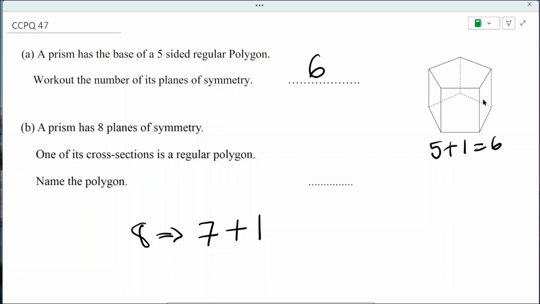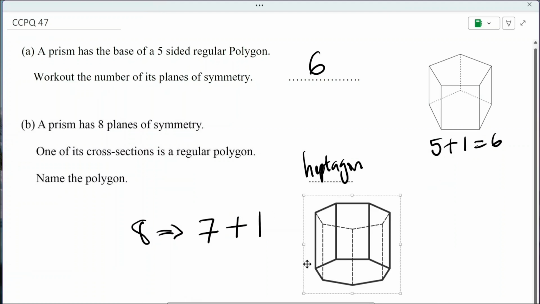The cross section at that point would have the same face as the regular polygon. So the twist in this question is this cross section is same as the regular polygon that forms the base of the prism. So the cross section that is a regular polygon is a 7-sided regular polygon, which is a heptagon.